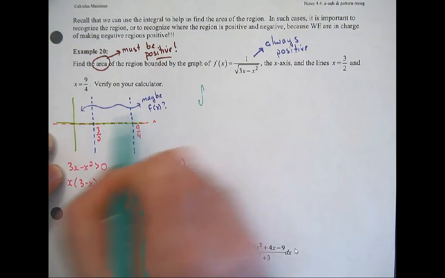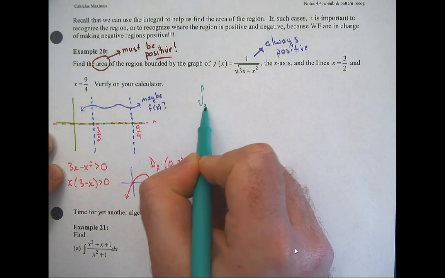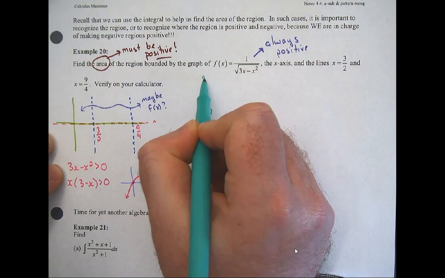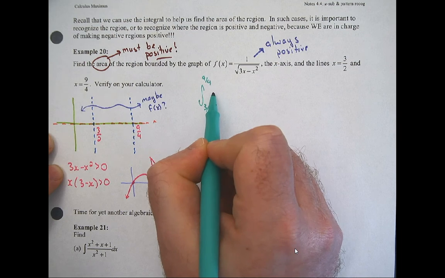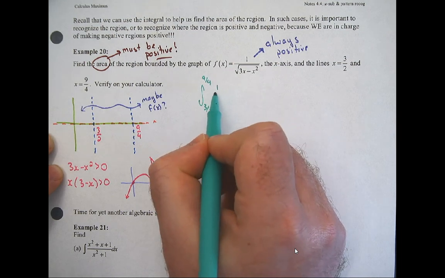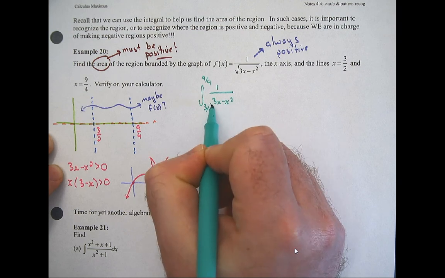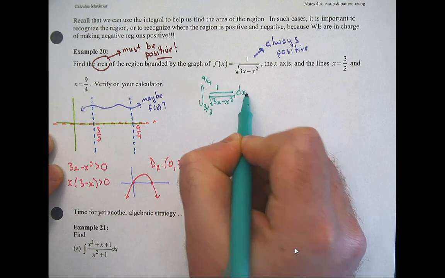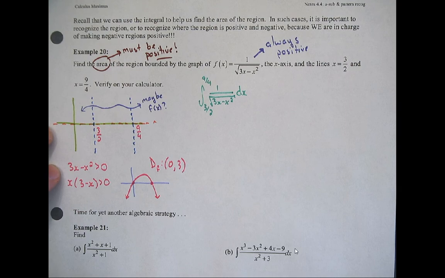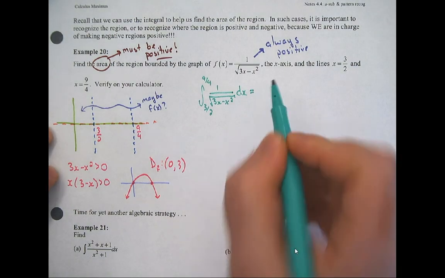Our area is going to go from 3/2 until 9/4 of my function, 1 over the square root of 3x minus x squared, dx. Alrighty then.